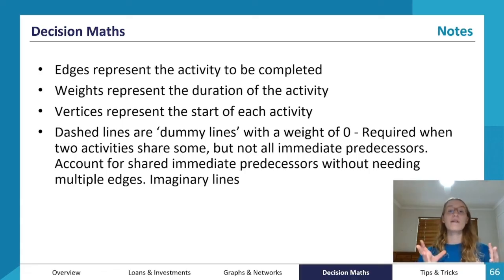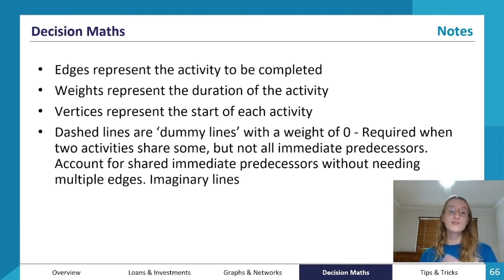So edges are what represent the activity to be completed, and the weights represent the duration of the activity. So it might take 3 days for them to lay the concrete, for example. And then the vertices represent the start and the ends of the activities on either side of the edges.